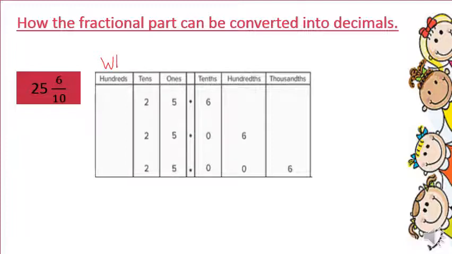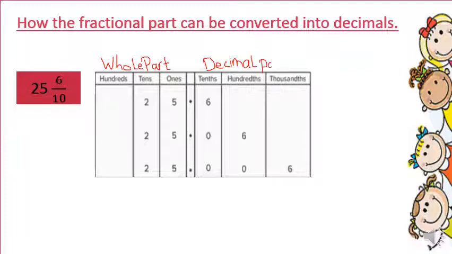Whole part. And after the decimal point, we have the decimal part. We said, how can I know if I am in the decimal part? I represent it as a fraction.